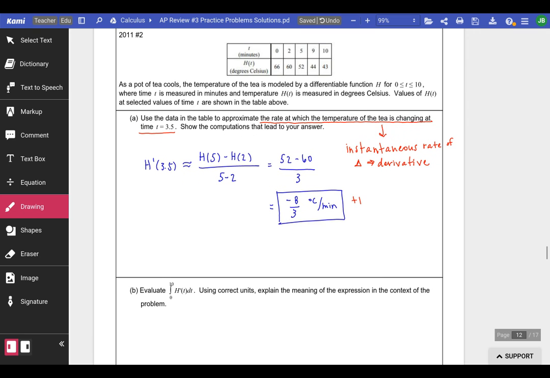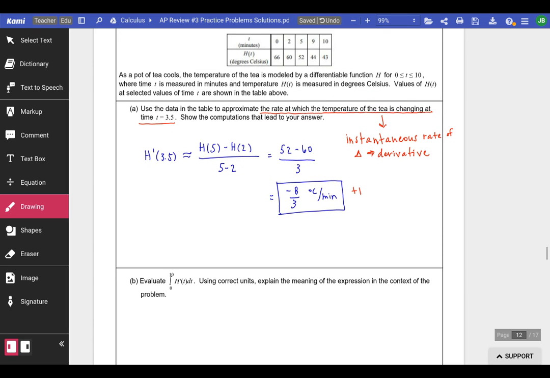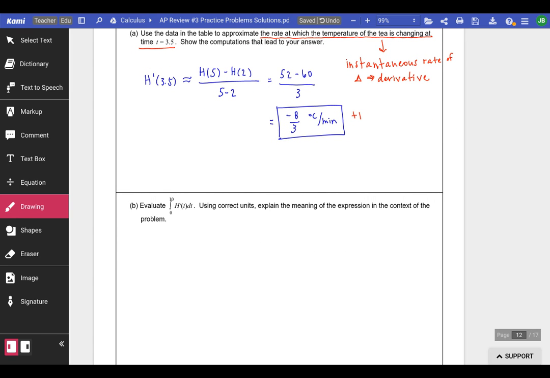Now, for the next part, they're asking us to evaluate this integral and then, using correct units, explain the meaning of that expression in the context of the problem. So let's see here. If I have the integral from 0 to 10 of h prime of t dt, we know that to evaluate an integral, the first thing we have to do is find the antiderivative of the function.